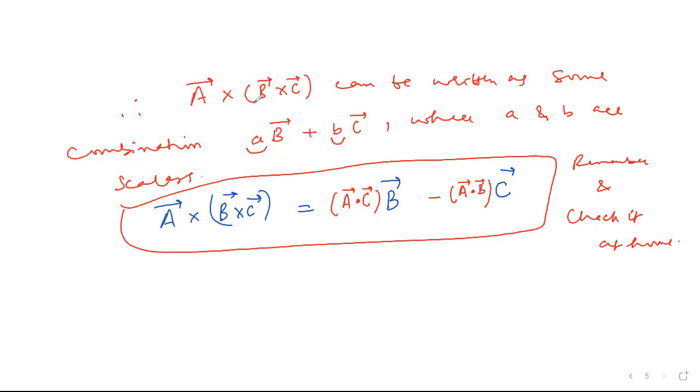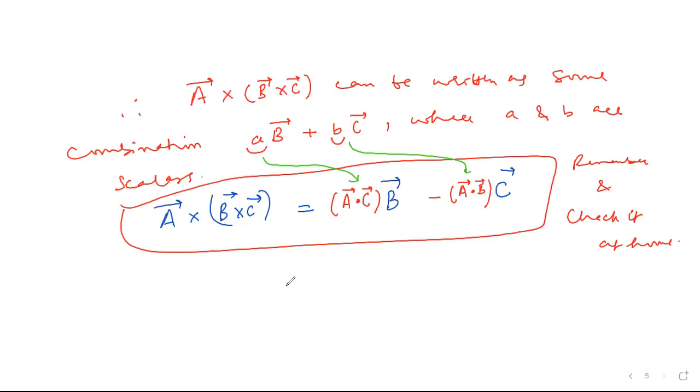I said A cross B cross C is in the plane of B and C, so it can be written as A times B plus B times C, where A and B are scalars. And I am saying this is A and this is B. That is, A dot C is that scalar A, and minus A dot B is that scalar B. This is the identity.